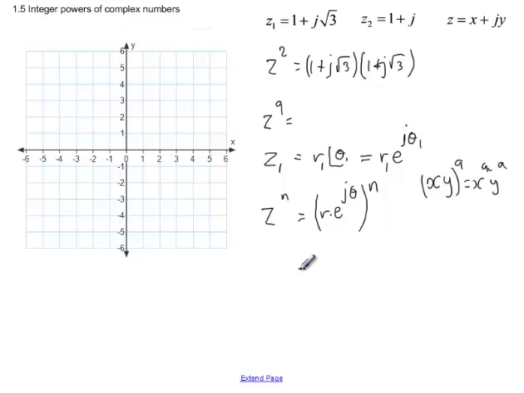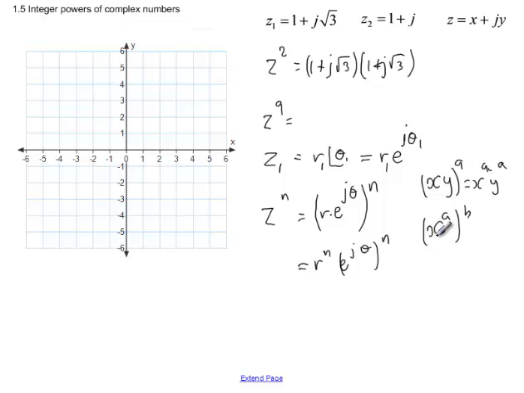If we apply that here, it will be r to the power n, and then e to the power j theta, to the power n. Then I'm coming to x to the power a, to the power b. This is what we have.